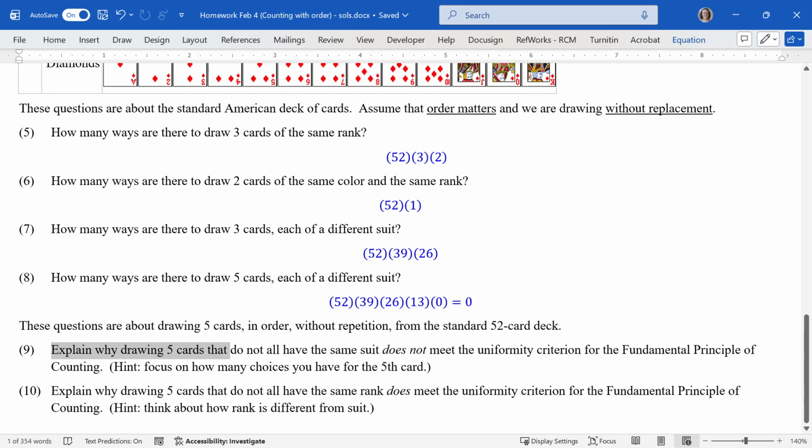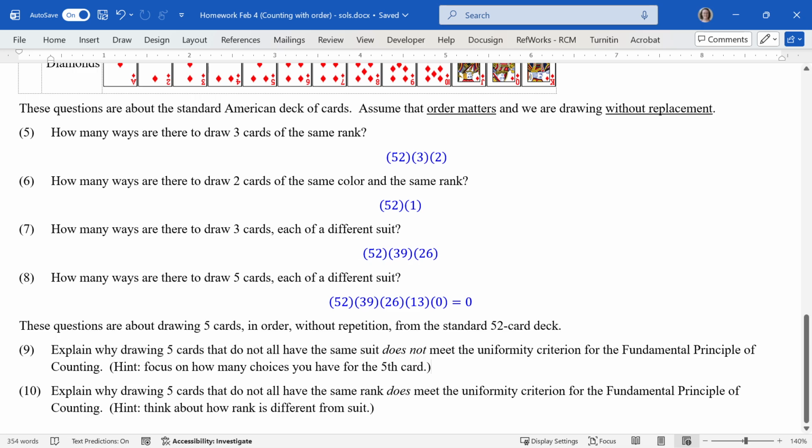But number 9 here, you can actually do this, because it's saying they do not all have the same suit. So it's not that they all have to have different suits, they just can't all have the same suit. So like, for example, we could have diamond, diamond, diamond, diamond, club, and that would count as not all the same suit. So the words here are really important. So we can actually do this. We can draw 5 cards that do not all have the same suit.